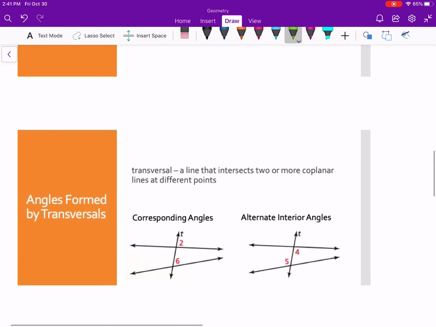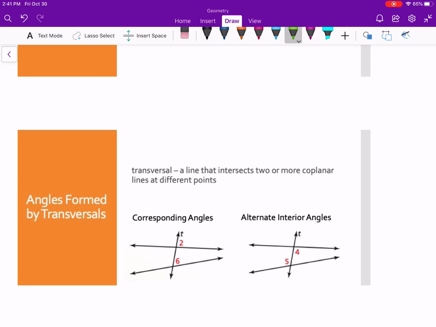And let's talk about pairs of angles. So first thing, we need to know what a transversal is. A transversal is just a line that intersects two or more coplanar lines at different points. So in these drawings, line T is our transversal. Corresponding angles, we're talking about positioning of them.